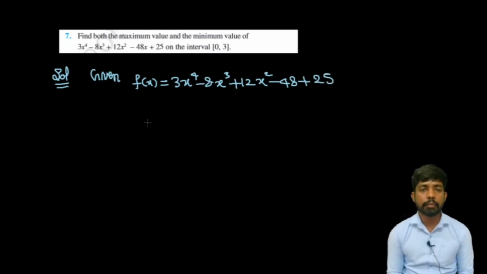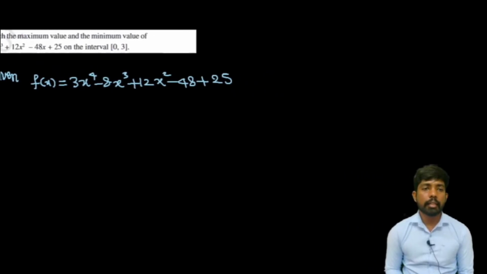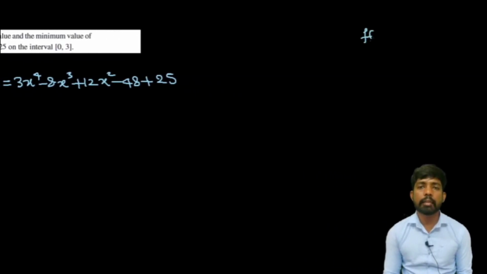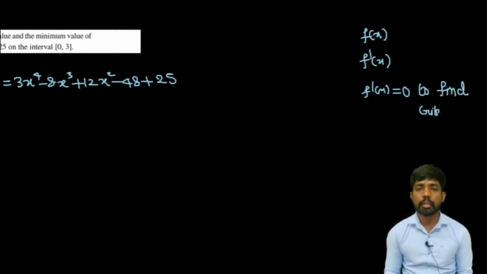Next step is differentiation. Here in maxima minima, first write the given function, differentiate the function and make it equals to 0 to find critical points. And after double differentiation, substitute the critical point.